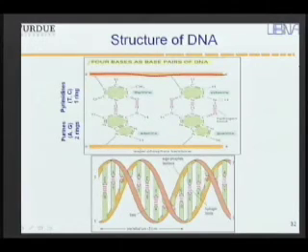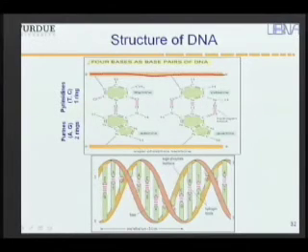Because of this number of available binding sites, you cannot have 3 bonds bind to these 2, because that will not be the lowest energy state. So A binds to T and G binds to C, and hence these 2 strands come together in a complementary fashion.